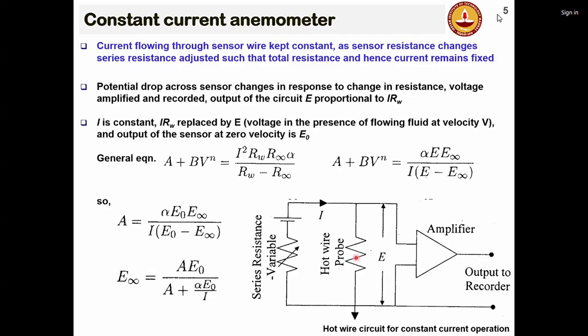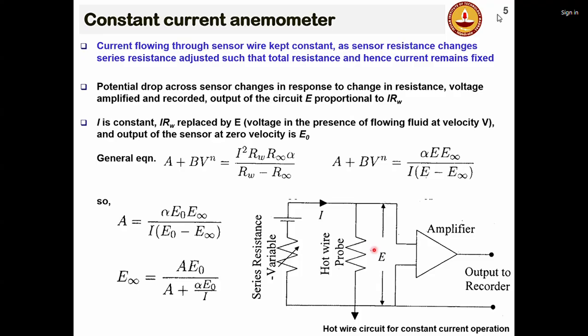So you have the hardware probe here, and you are measuring a voltage across the hardware probe, and you have the source voltage here, source power. In addition to this hardware probe, you have a series resistance which is variable. You can vary this resistance.